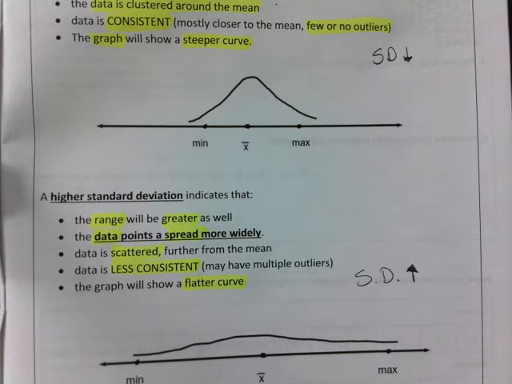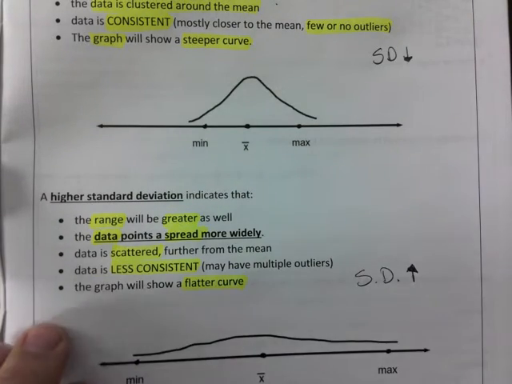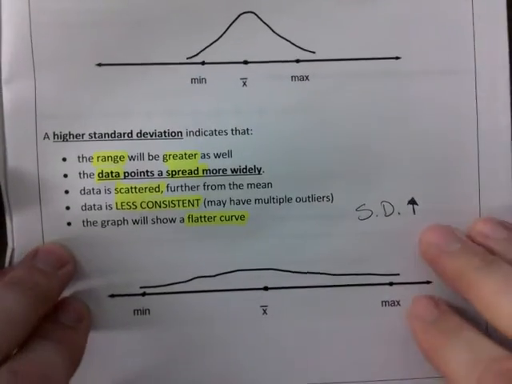Because if a player scores almost nothing one day and the next game a lot, and then goes back and forth, that means the player is not as consistent. It's harder to work with that as a coach. You can't say what the problem is because it's so spread out. So that's how you would relate this to sports.